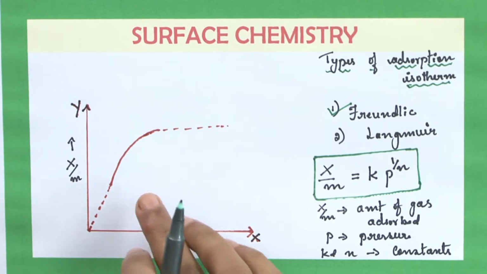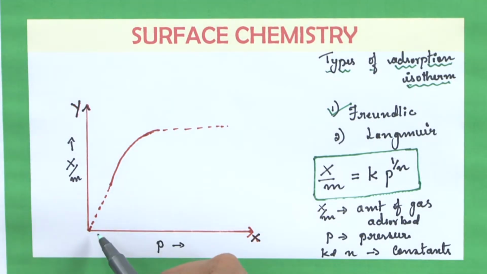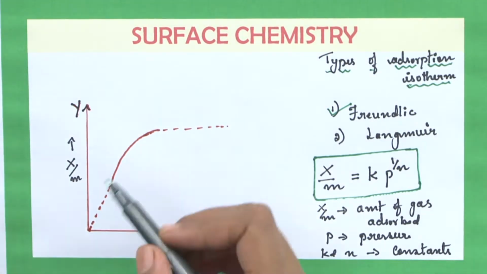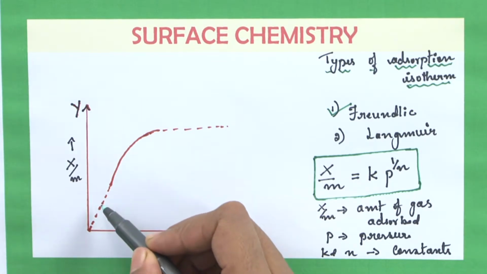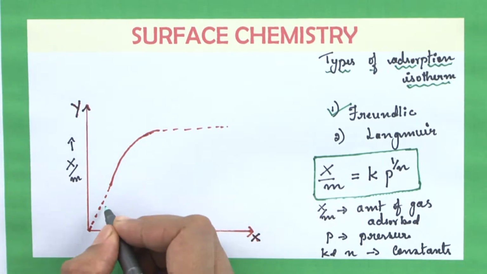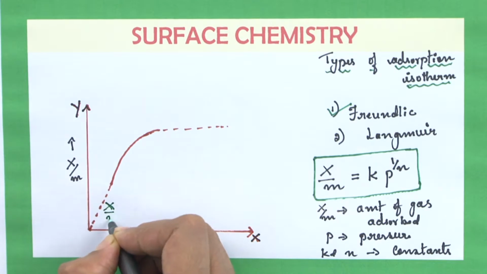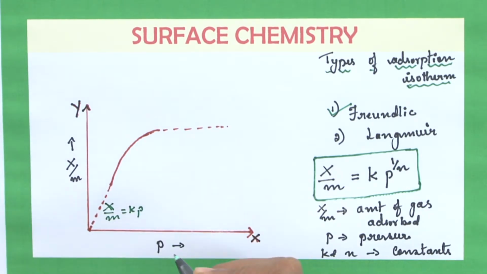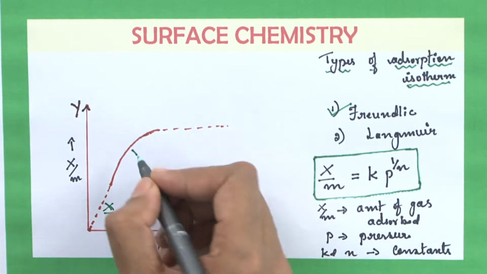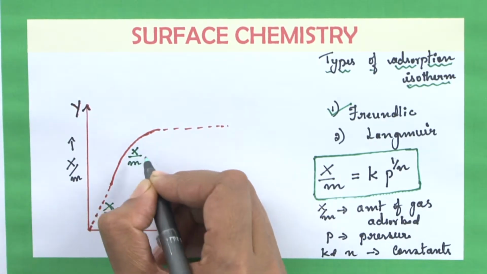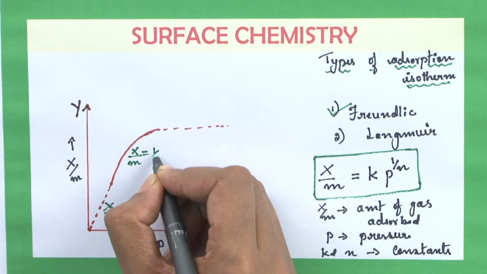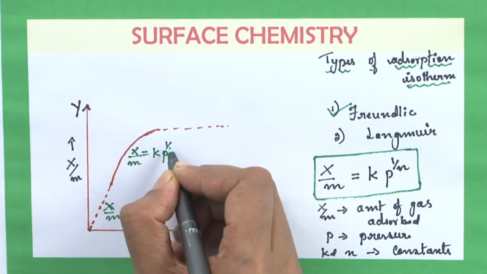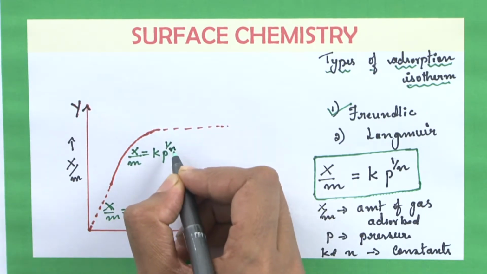When we observe this graph, as the pressure increases initially, adsorption also increases, and it can be represented as x by m is equal to Kp. Then with increase in pressure, adsorption also increases, and it can be given as x by m is equal to Kp to the power 1 by n.